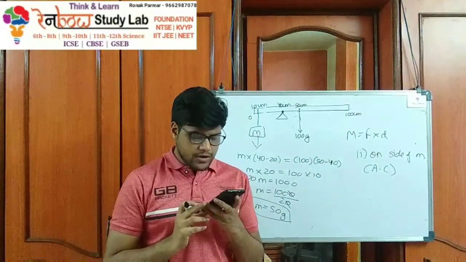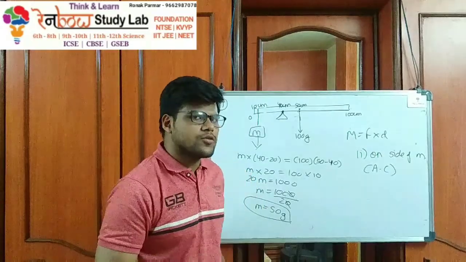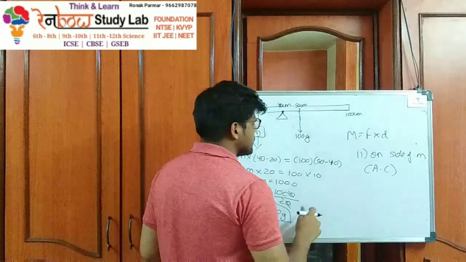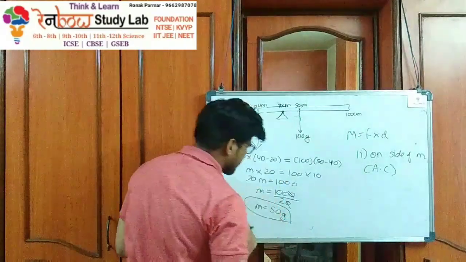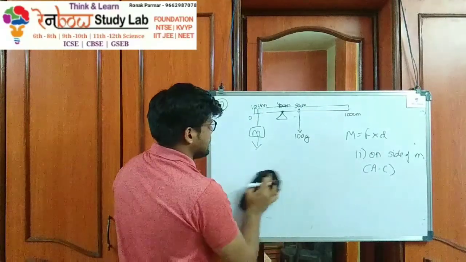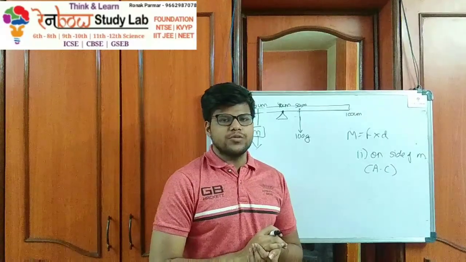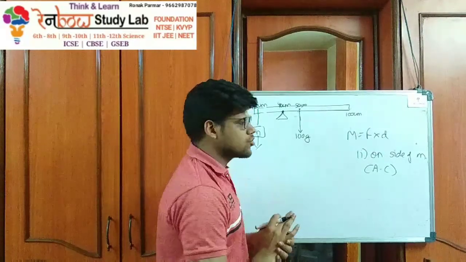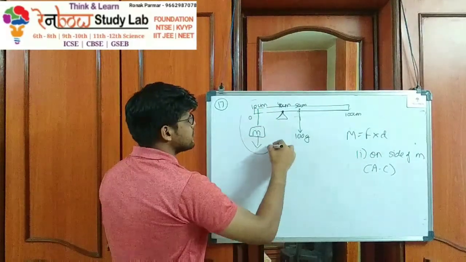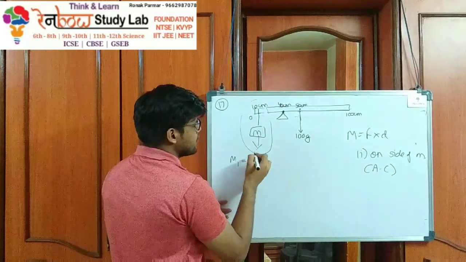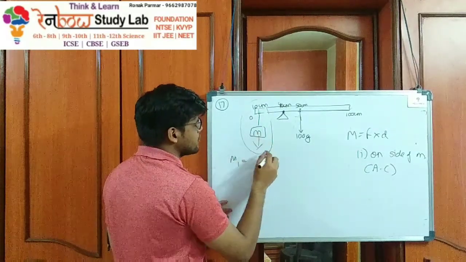Third part. What is the resultant moment now? What is the total or resultant moment right now? Here they have not mentioned that it is balanced. Obviously it is not balanced. Calculate the total moment. So moment due to this force, let it be M1. Force is, your M was 50 gram.